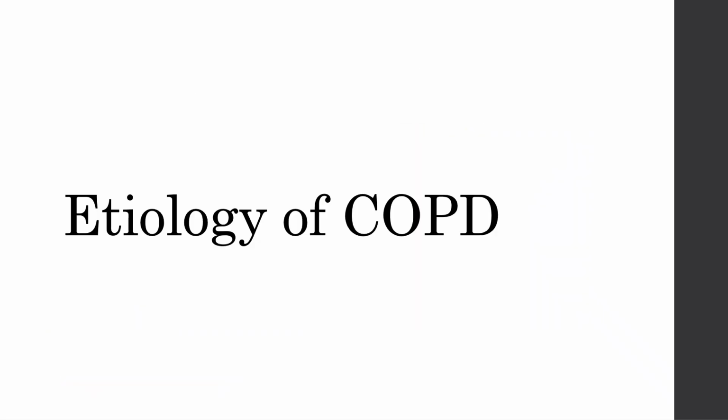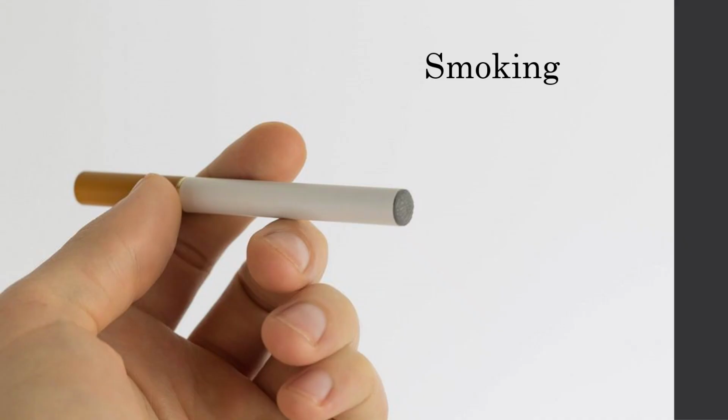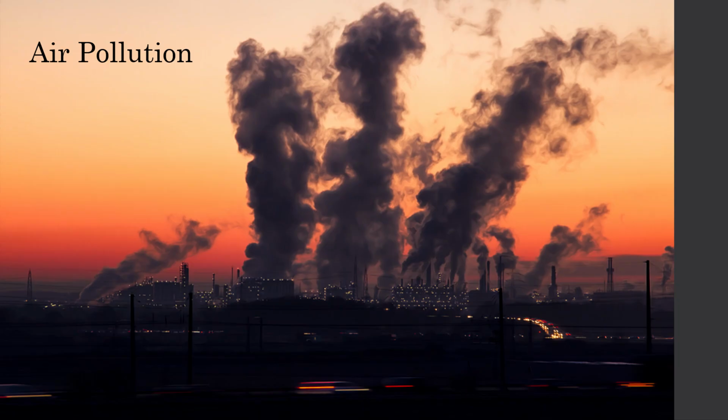The etiology of COPD. There is smoking, so if you smoke, you have a higher risk of having COPD. There's air pollution. If you live in countries or cities such as India, which is a country, or you live in a city like New York or London, you're more susceptible to breathing in lots of air pollution.